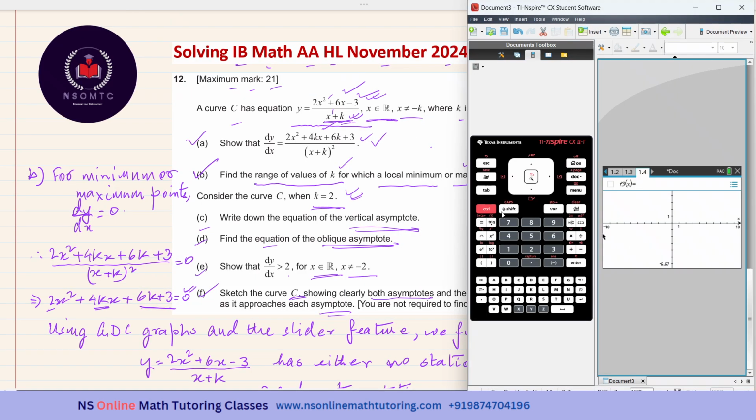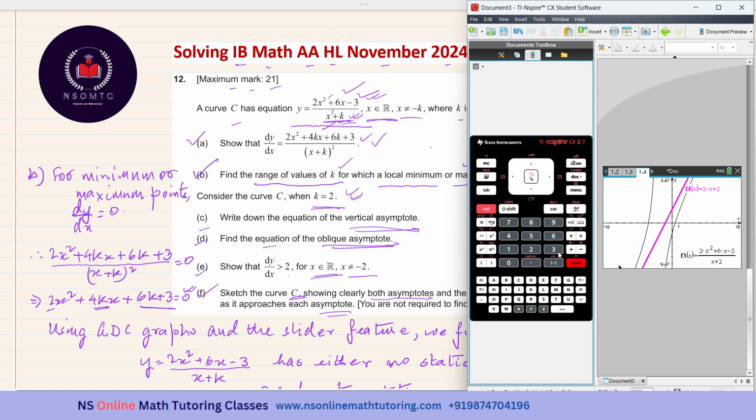Okay. 2x square plus 6x minus 3 over x plus 2. And you can get the 2x plus 2 curve at least. So plot 2x plus 2. So this is the oblique asymptote.